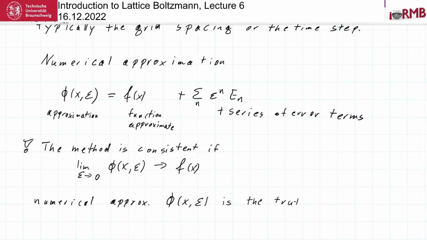So the truth is what f is producing plus a hierarchy of error terms.